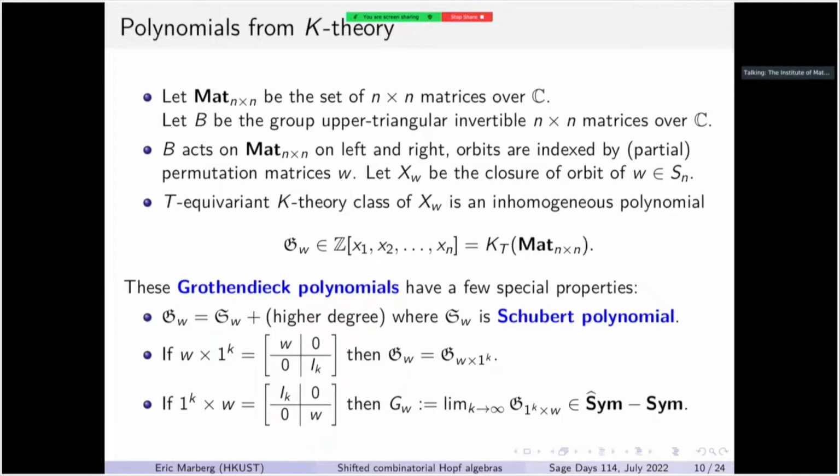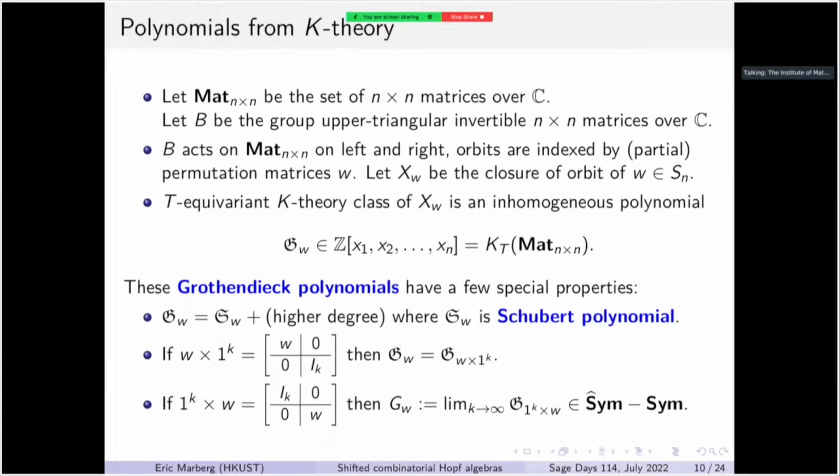That's one stability. The second piece of stability is that if you instead add a bunch of fixed points to the beginning, so you put W in the lower right part of the matrix, then as you make k larger and larger, two things happen.